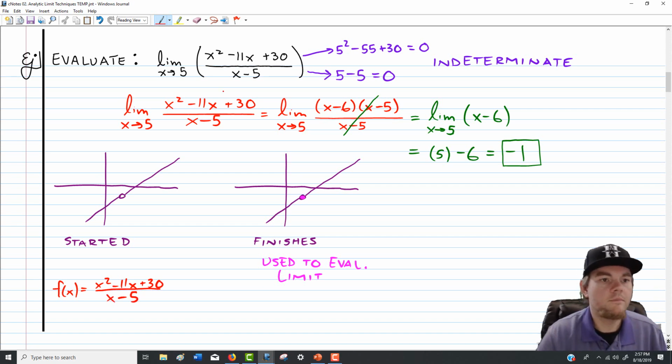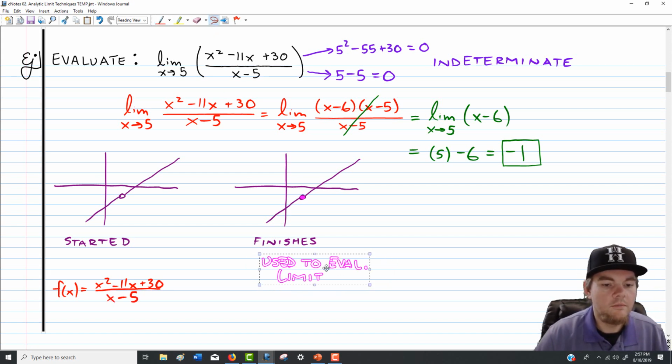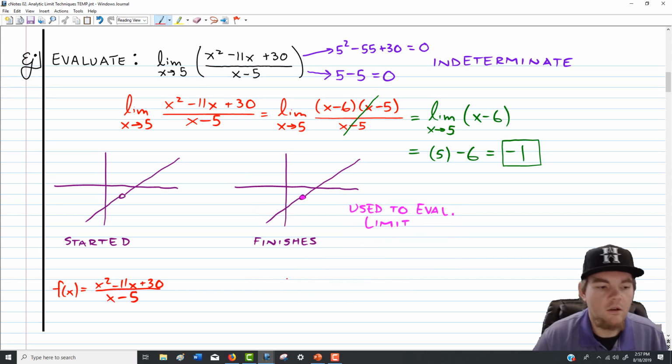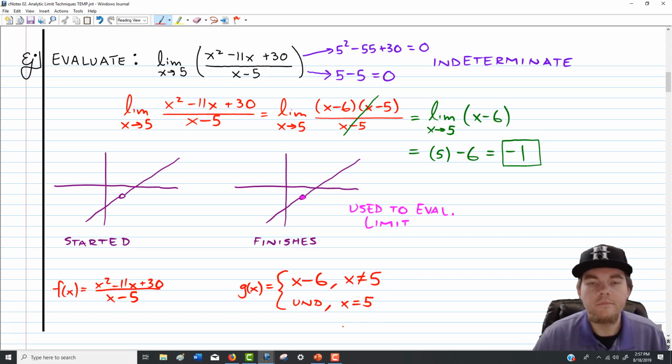That's where we started. The second one, while also looking almost identical, save for that one point, is a piecewise function, which is equal to x minus 6 for all x values not equal to 5. And it's just plain old undefined when x equals 5.